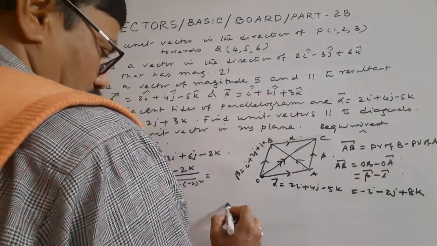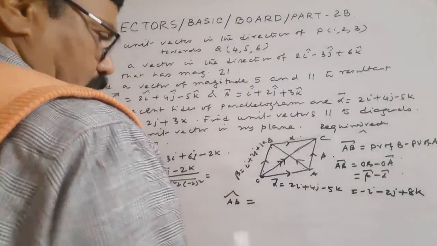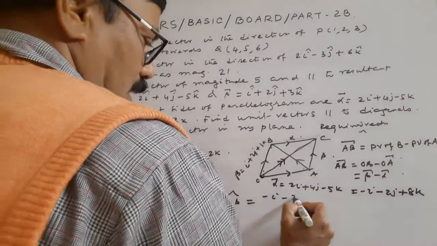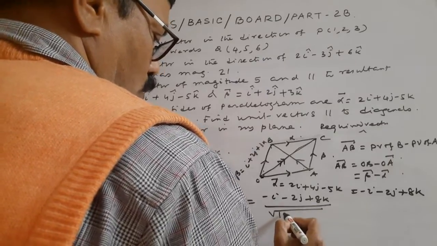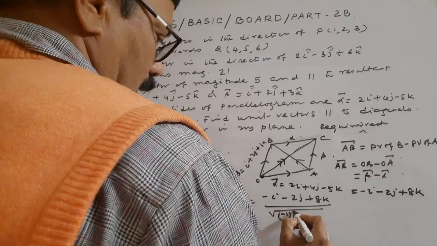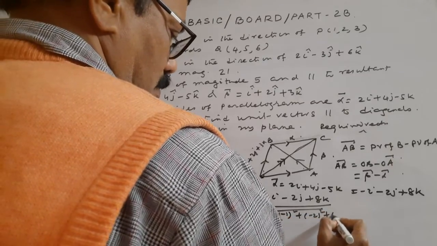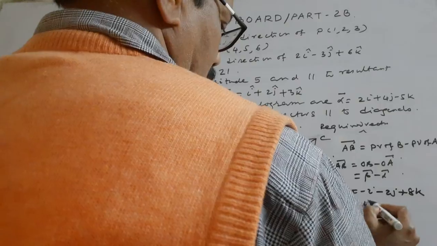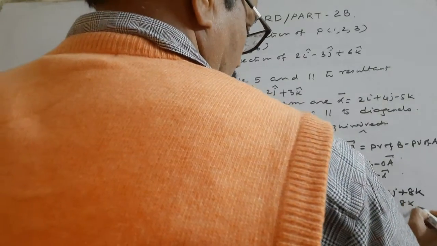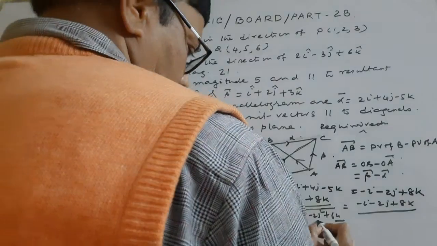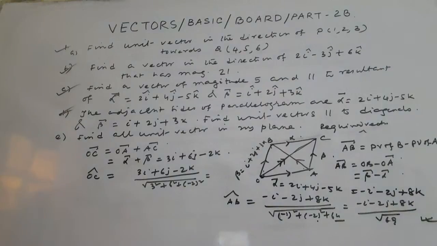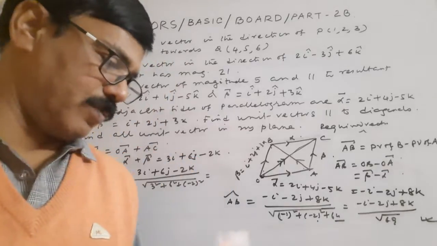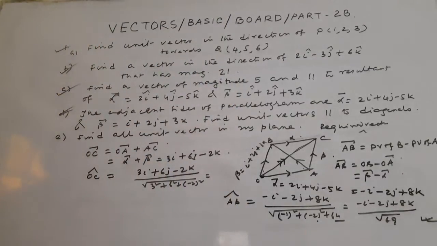So this is the AB vector. So the diagonal unit vector AB cap is minus i minus 2j plus 8k by root over 1 squared plus minus 2 whole squared plus 64. So minus i minus 2j plus 8k by root of 64 plus 4 plus 1, 69. So these are the most important problems and basic problems.